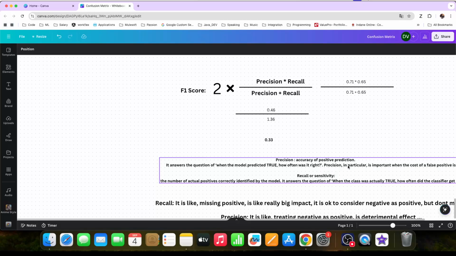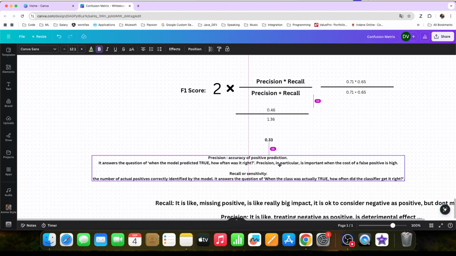So how precisely my model is predicting true. If you want to look at this from another angle, in some use cases you would really care about the precision of the model, when you do not want to take something as a positive when it's not a positive, which means when the cost of a false positive is high.